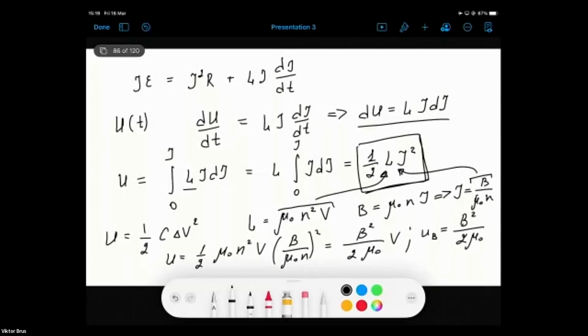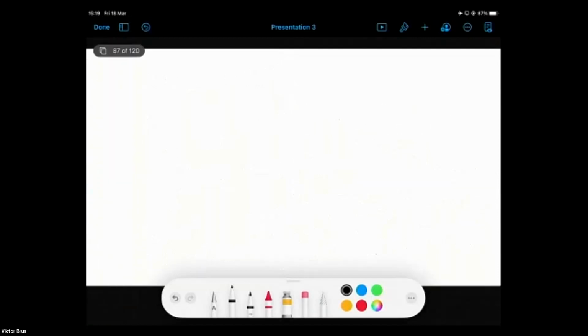Now let us consider one interesting example. When we have again an RL circuit, then we have some stationary condition when the electric current is equal to its maximum value.